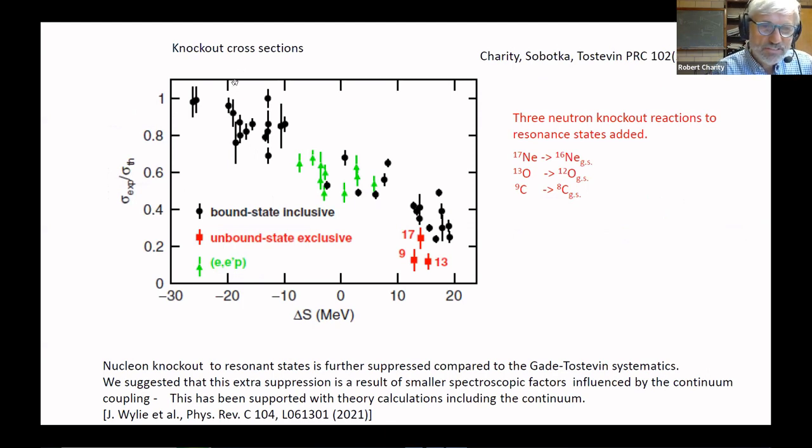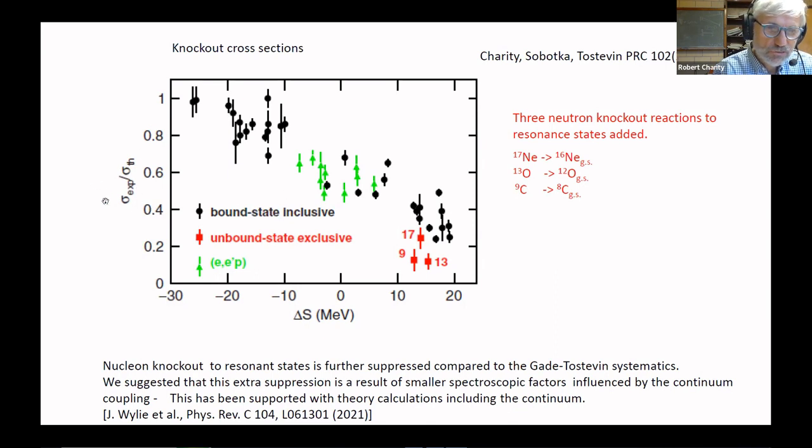And I show here this well-known plot from Alexander Gade and Jeff Tostevin, where this is usually the bound state inclusive single nucleon knockout cross section. So this is where you knock out either to a bound state or maybe some excited states that gamma decay to the ground state.